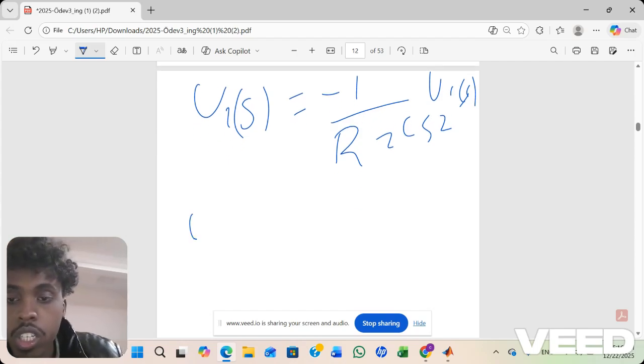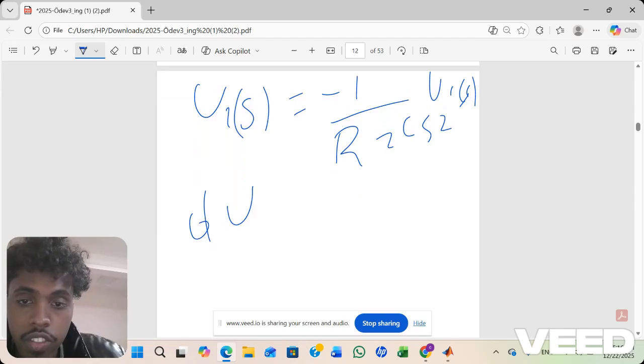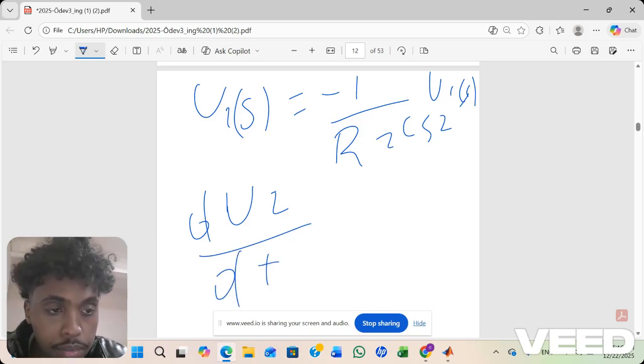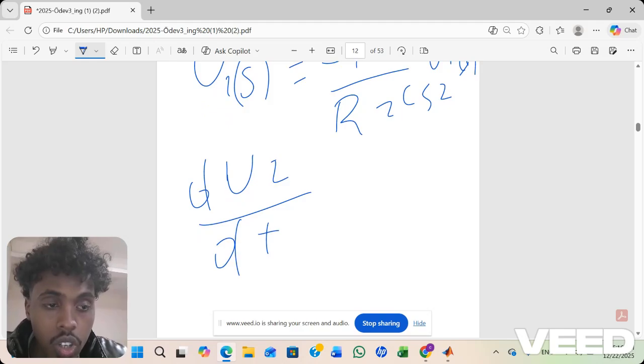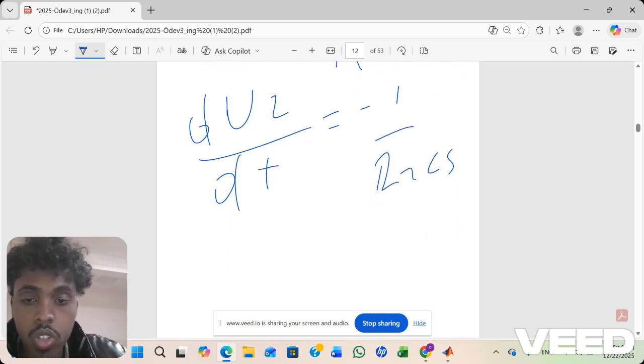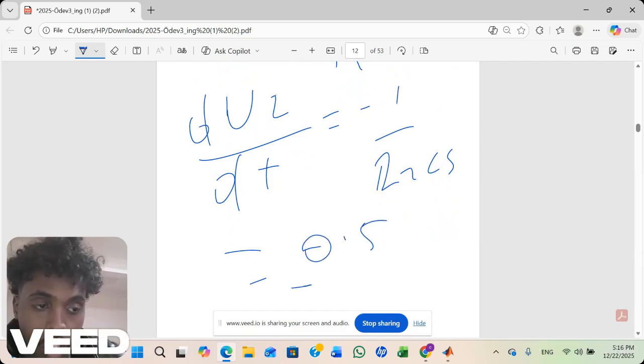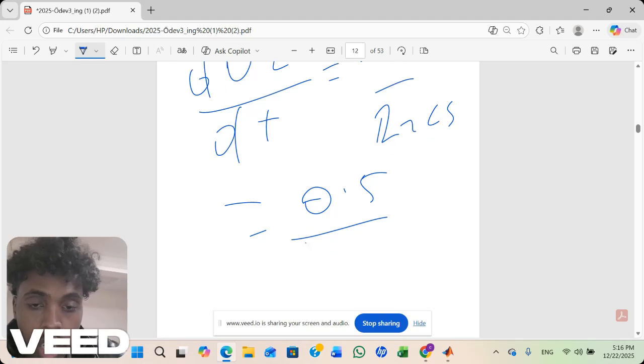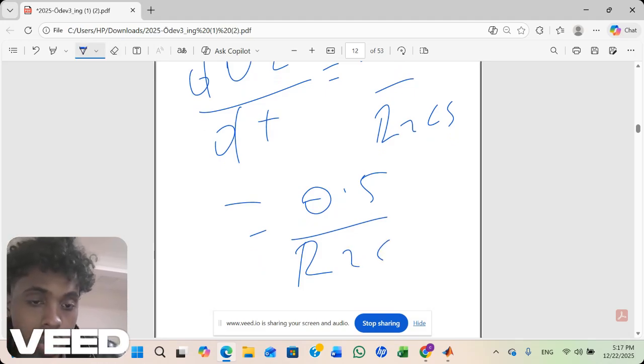So dV2 over dt, it is minus 1 over R2 C2. So here it's 0.5 over R2 C2.